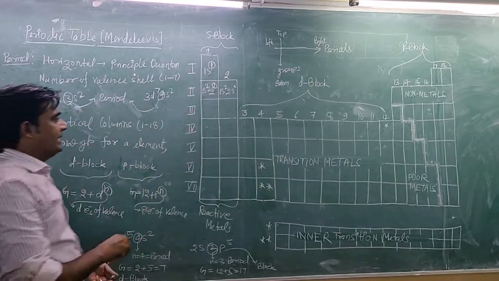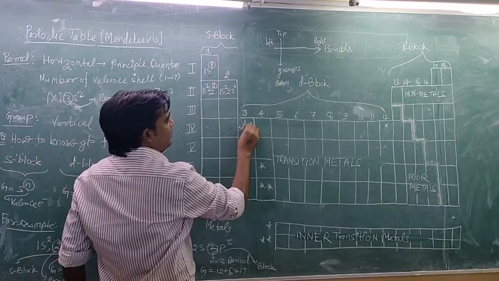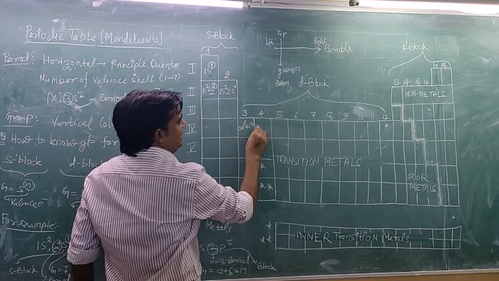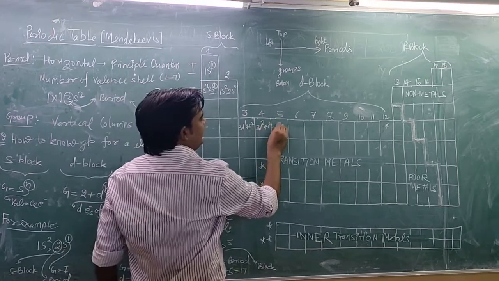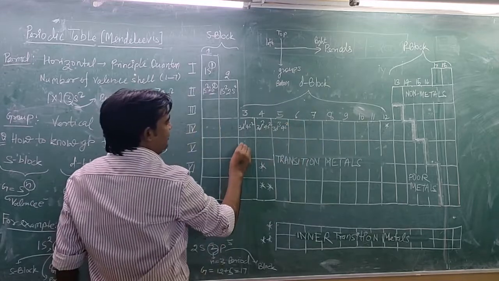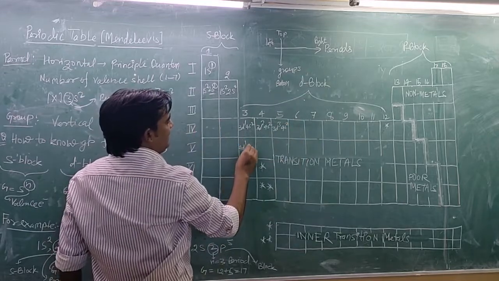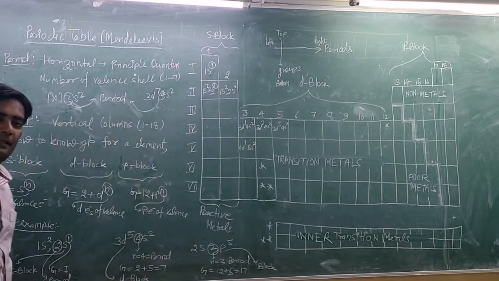Suppose it is 3d1 4s2, 3d2 4s2, 3d3 4s2, or 4d1 5s2. These are valence shell electronic configurations.